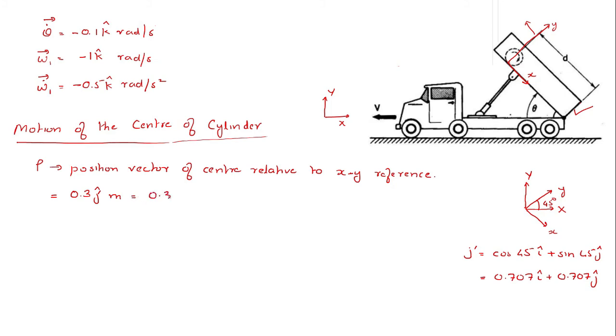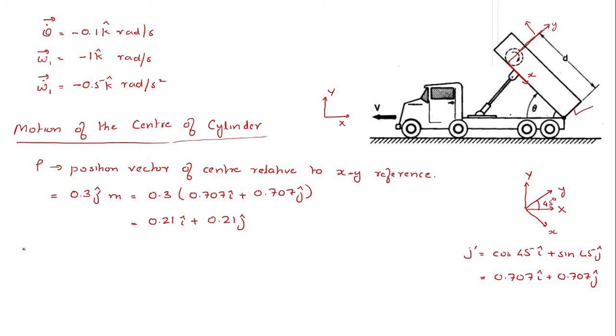So 0.3 into 0.707 I cap plus 0.707 j cap, which will be equal to 0.2121 I cap plus 0.2121 j cap.